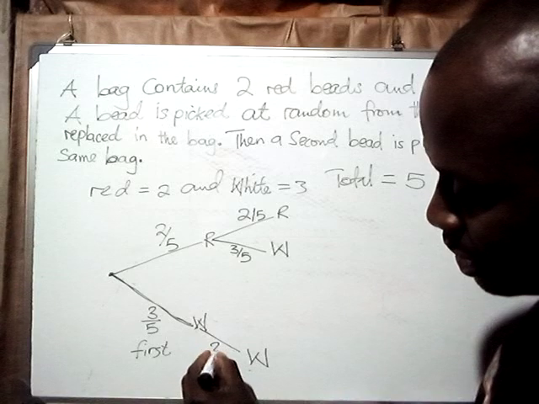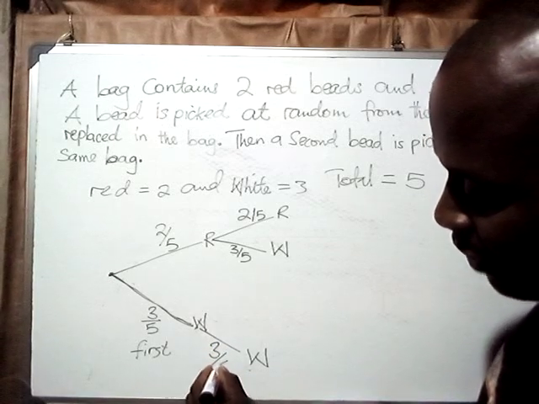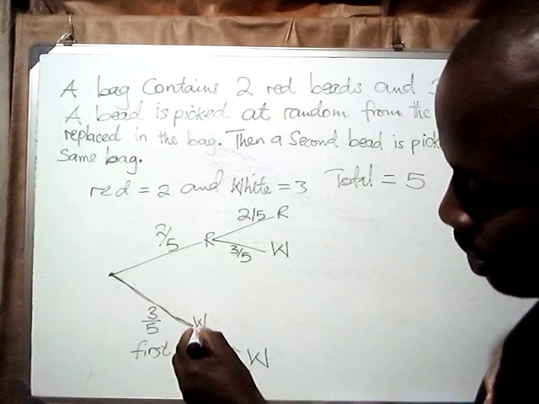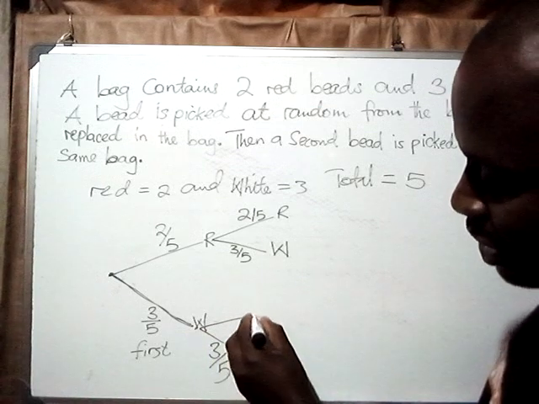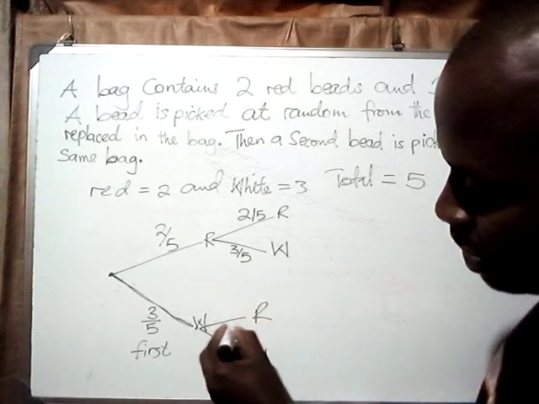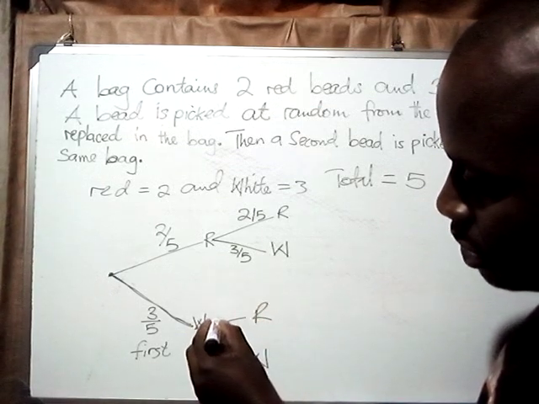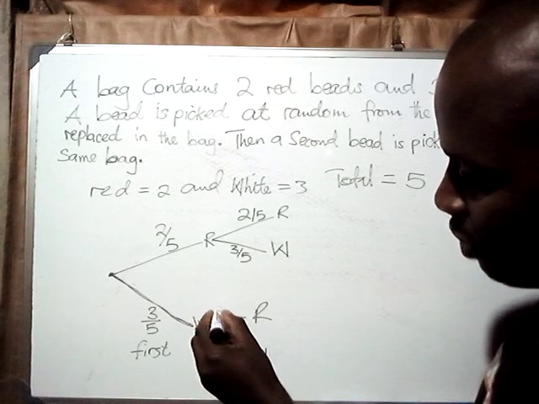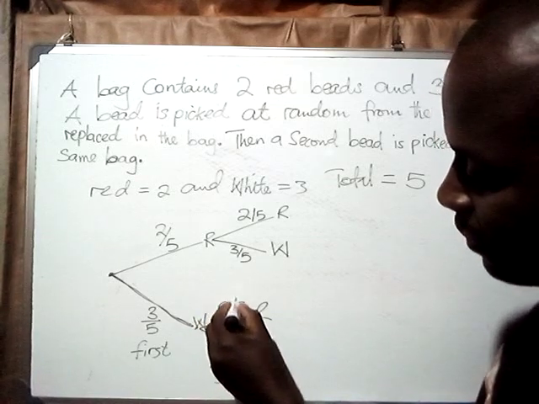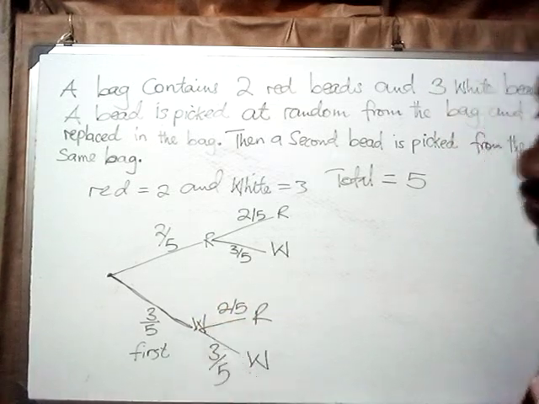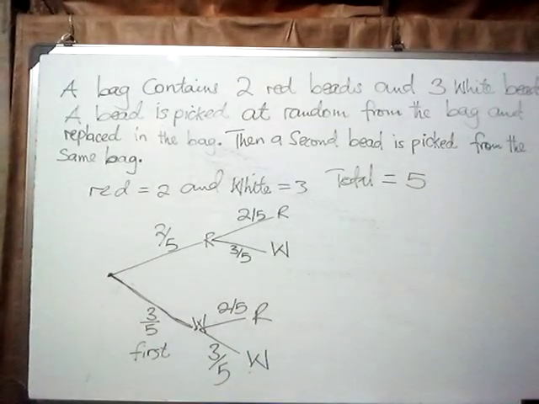What is white? It is 3/5. And what will this one be for red? Red, we are going to have 2/5. The reason why we still have the same thing is because the bead was replaced.